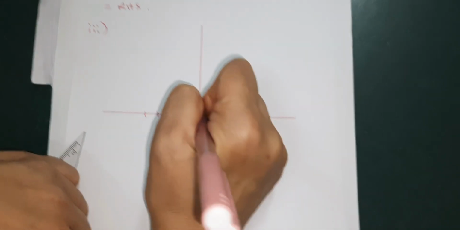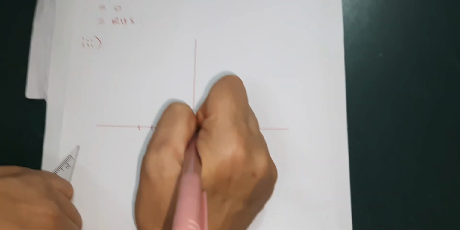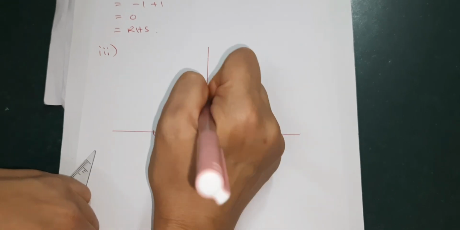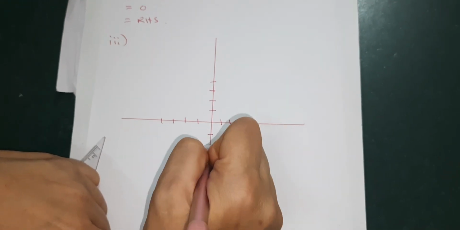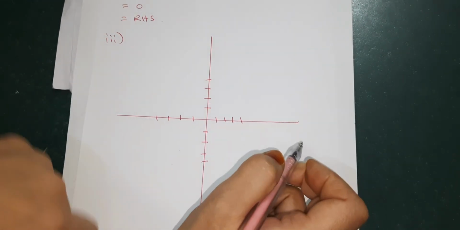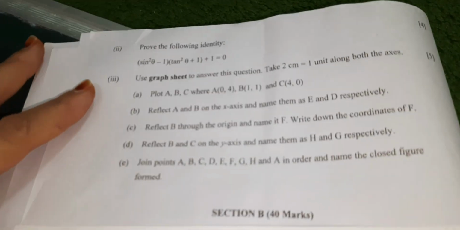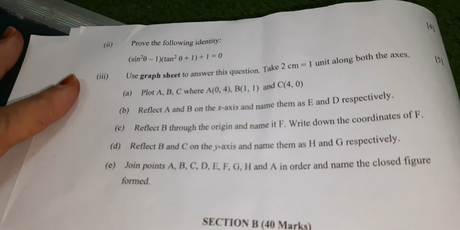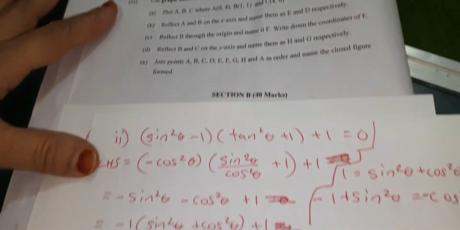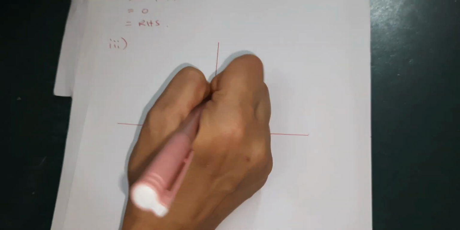Then they tell us to plot A, B, and C, where A is 0, 4. So 0, 4 is right up here. So this is point A, 0, 4.